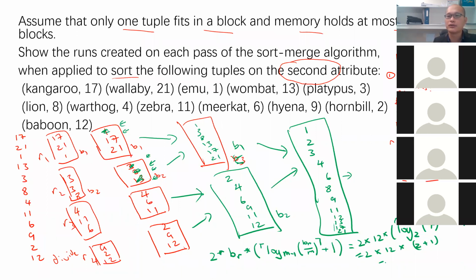Then this will be equal to 2 times 12 times 3, which is 72. Okay, so this is it for this example. Hopefully, I did not screw up in the calculations.